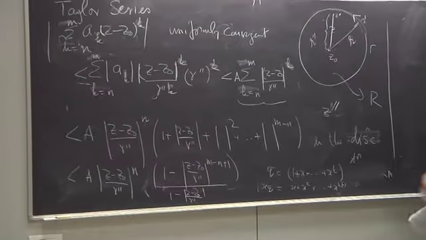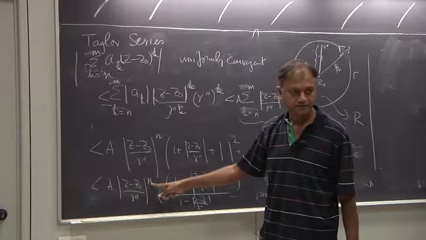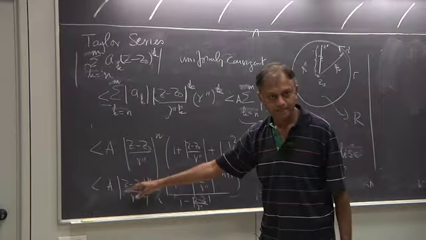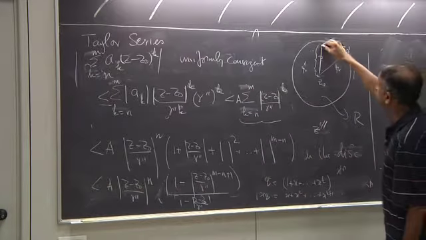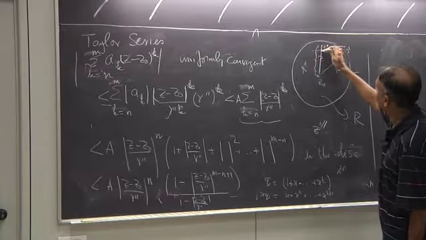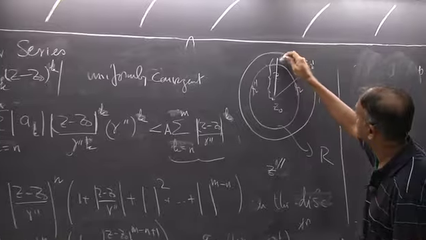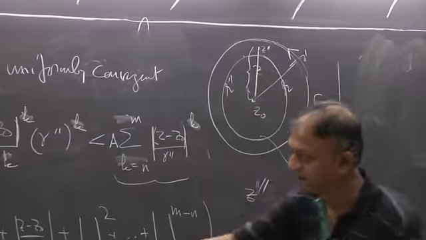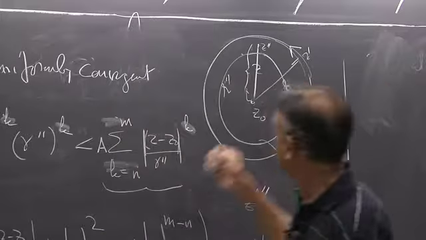And now this is immediately obvious. You can make this arbitrarily small for sufficiently large n, right? So this is going to be less than 1. If you wish, you can choose another point which is a little less than z double prime. So if you take any disk around it which is a little less than z double prime, then this quantity is certainly less than 1, right?